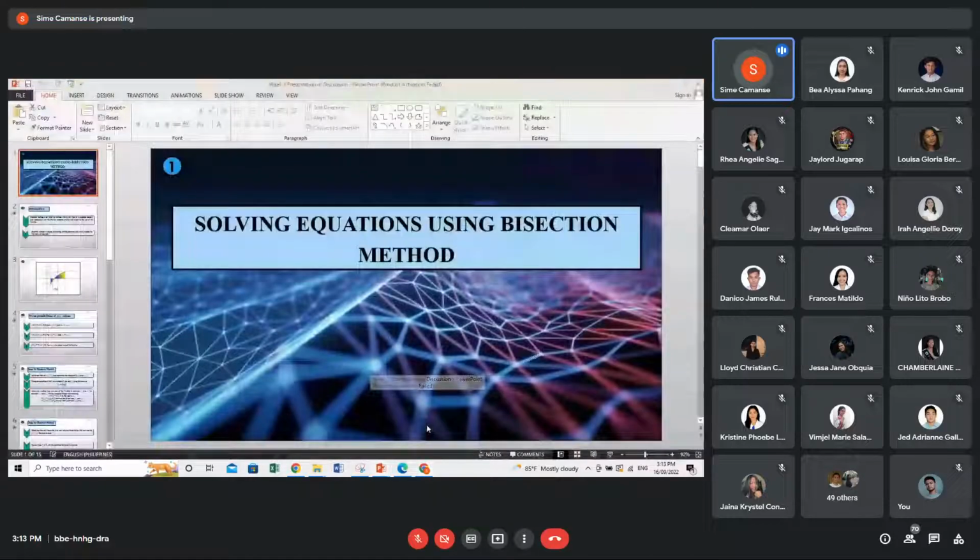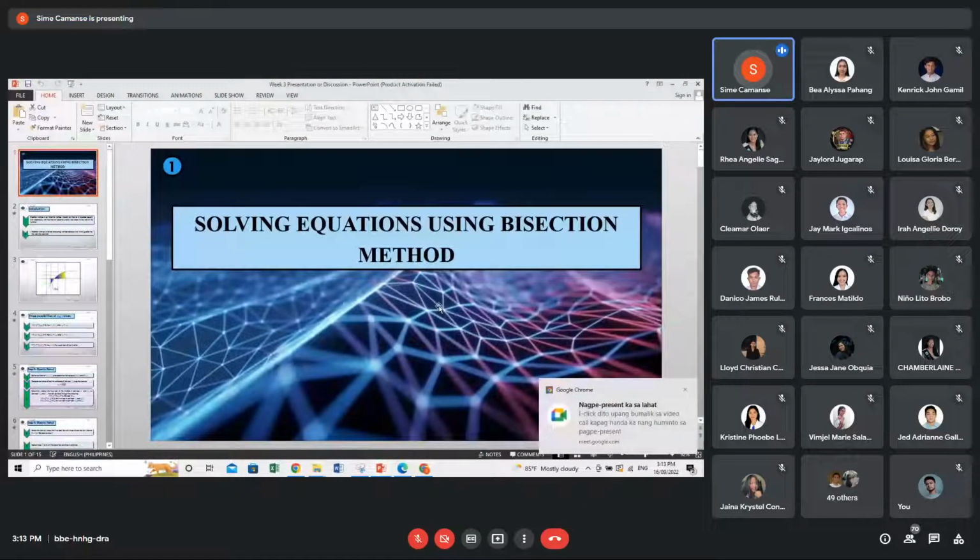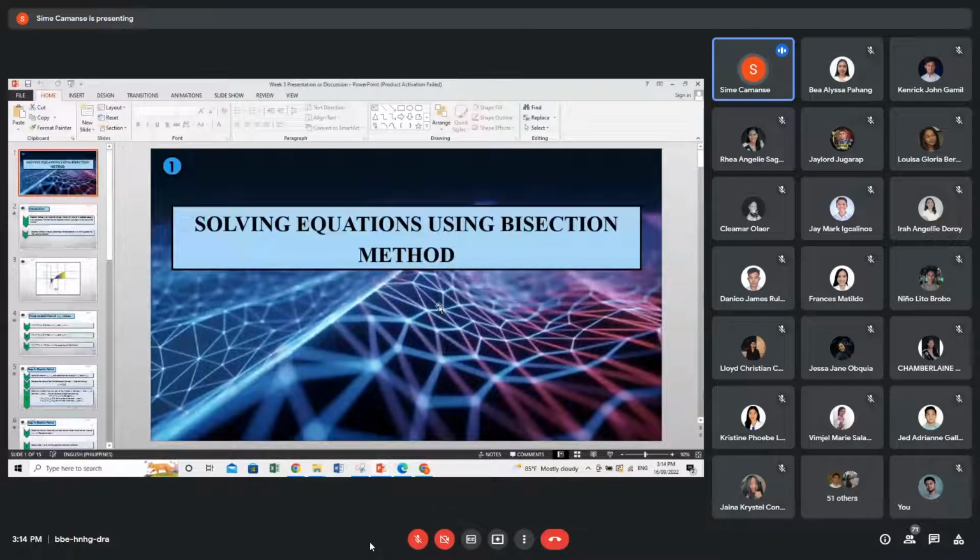Okay. This is the start of your programming part, the coding of programs. So we will do solving equations using bisection method. And after this discussion, of course, we will have an examination, which is our quiz number 2.